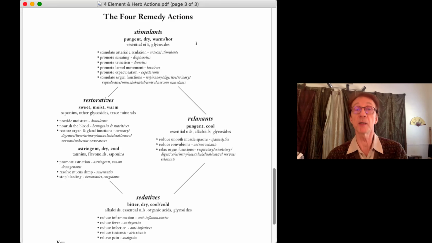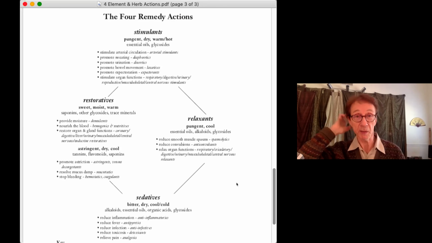He still talked about these 4 essential herbal remedy actions: stimulants versus sedatives, restoratives versus relaxants. Stimulate, sedate, restore, relax. So back in the old days, herbal medicine practitioners like the Priest brothers, J.J. Priest and his brother, wrote a book based on herbal treatment based on these 4 basic actions. And this is another piece of the puzzle that I use in my practice and in my teaching.